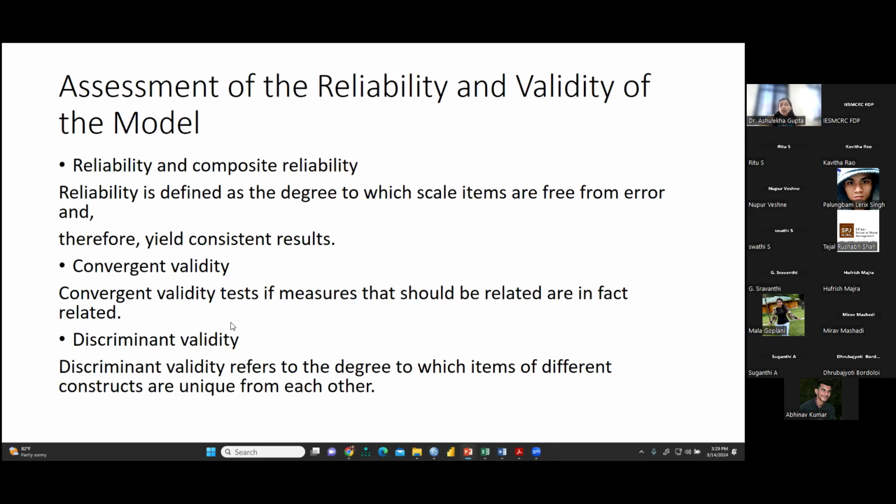Now we come to how we are going to assess the reliability and validity of the model. Reliability, as you know, you can judge through Cronbach alpha, and composite reliability. Reliability is defined as the degree to which scale items are free from error and therefore yield consistent results. Now there is a big difference between reliability and validity.